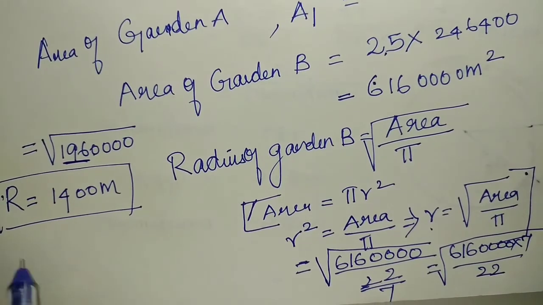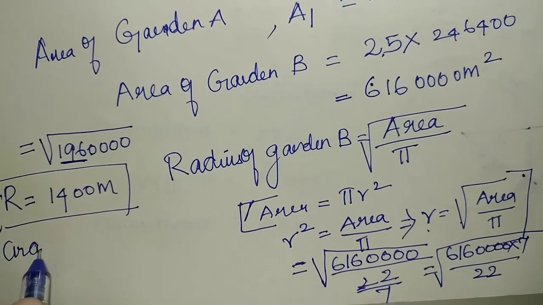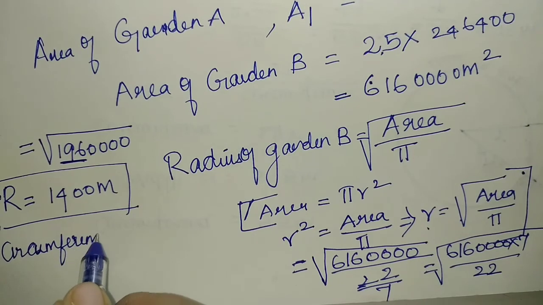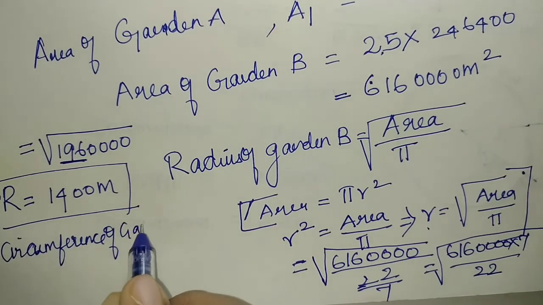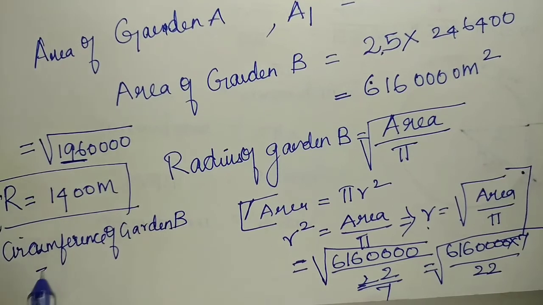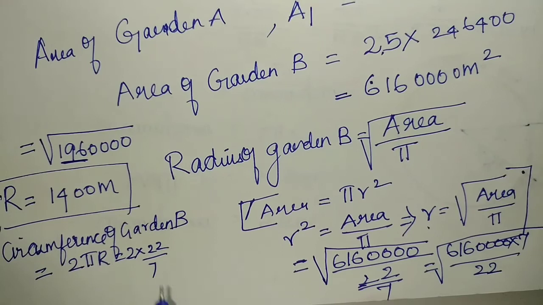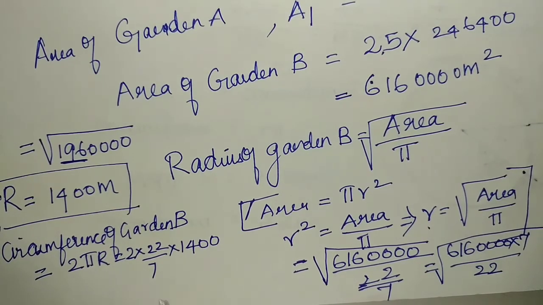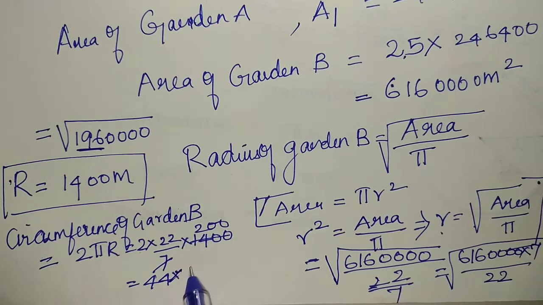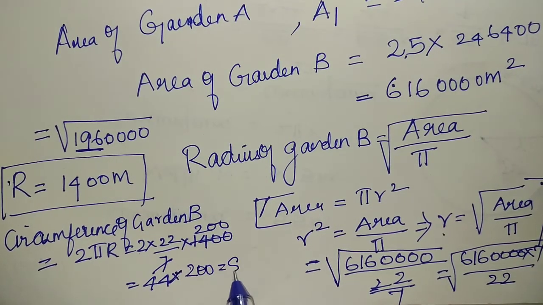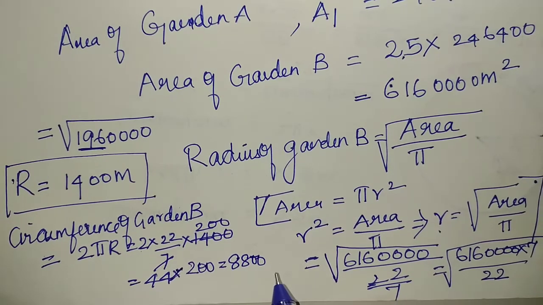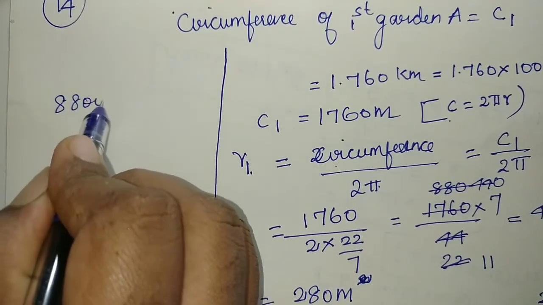Now what you have to find? Circumference of garden B. What is the circumference formula? 2 pi r. 2 into 22 by 7 into 1400. 2 into 200, 44 into 200 is equal to 8800 meter.